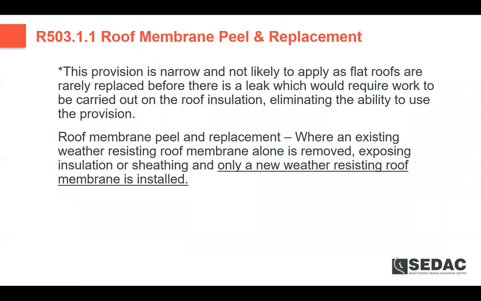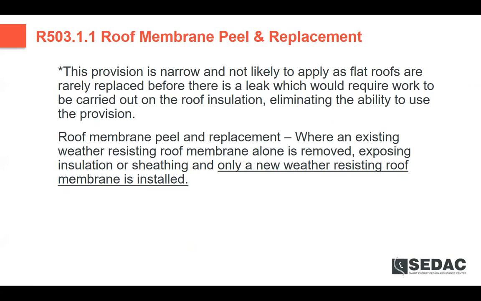So one Illinois amendment that we will call your attention to is a roof membrane peel and replacement. This was new for the 2018, and we wanted to call out that this is a very narrow provision and is rarely likely to apply, purely because flat roofs rarely are addressed before they leak.